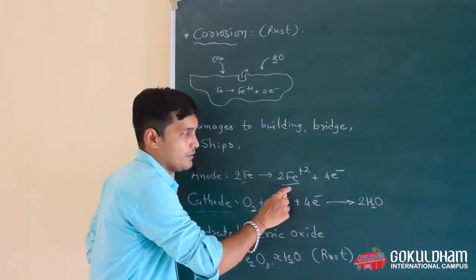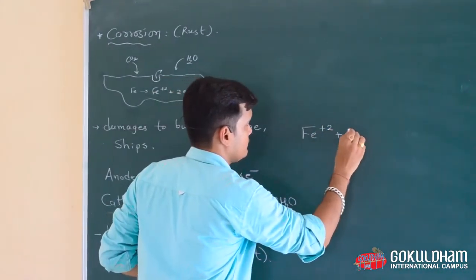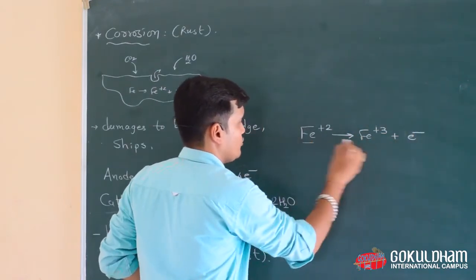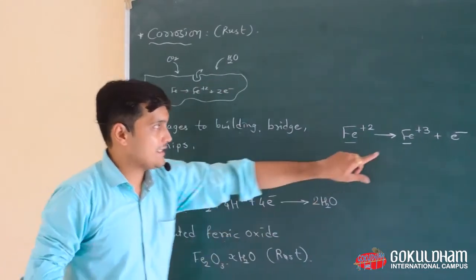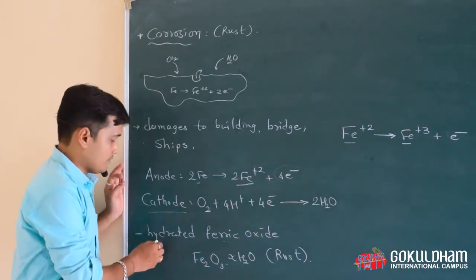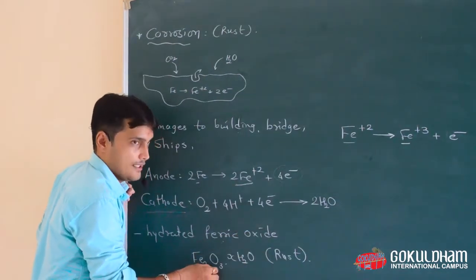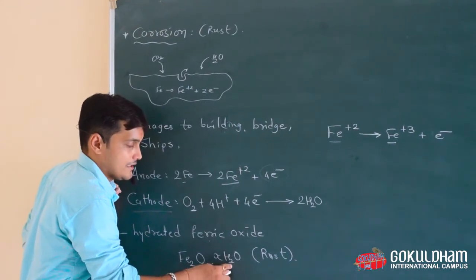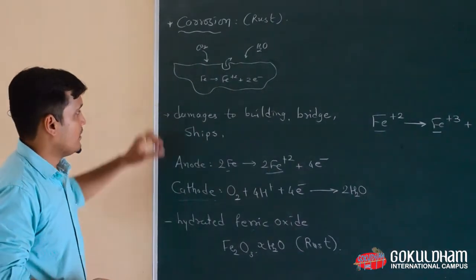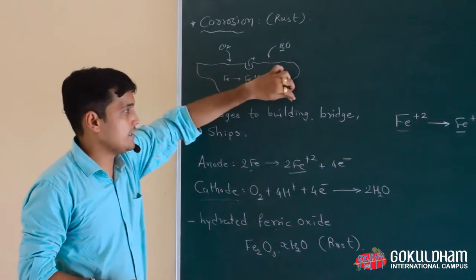This means Fe2+ is converted into Fe3+, and this Fe3+ mixes with atmospheric oxygen and forms the complex known as hydrated ferric oxide, which is Fe2O3·xH2O. This is the molecular formula for rust. This is the very dangerous thing which damages buildings, bridges and ships.